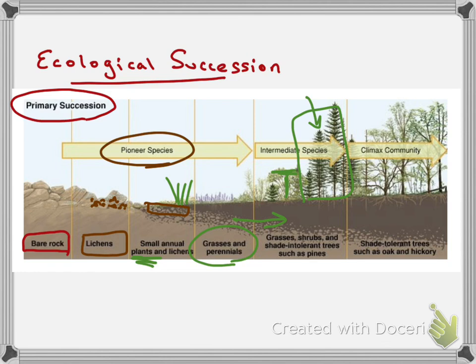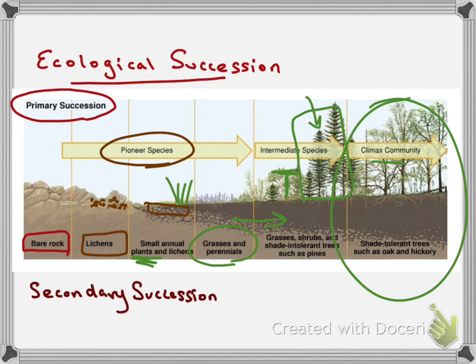Again, what you have here is interspecific competition, and one species outcompetes the other until you reach the final stage of succession, which is called a climax community, which is very stable and can endure for hundreds of years.